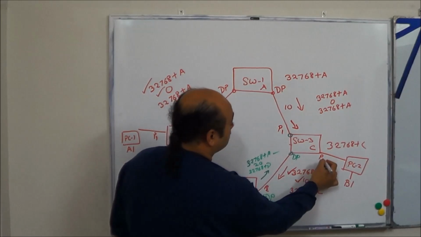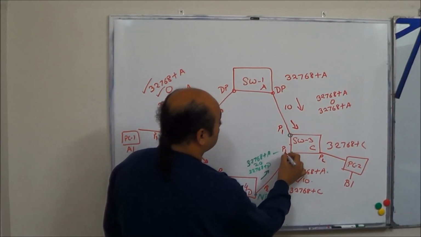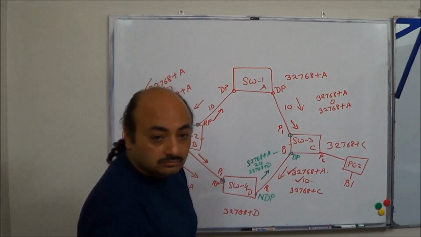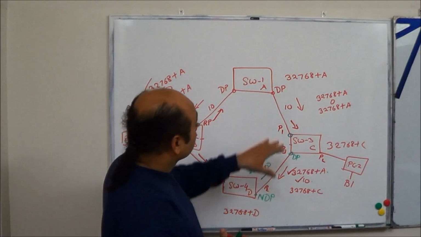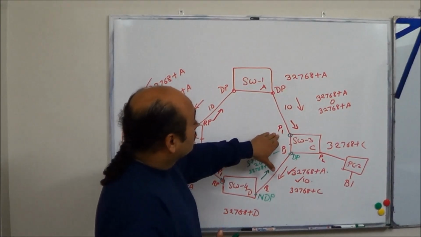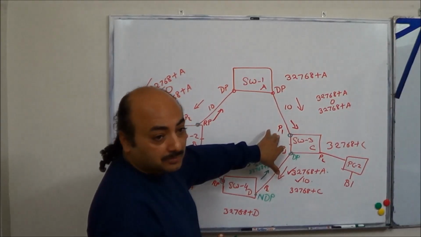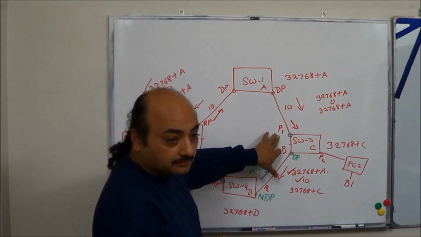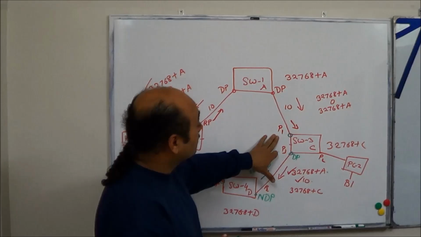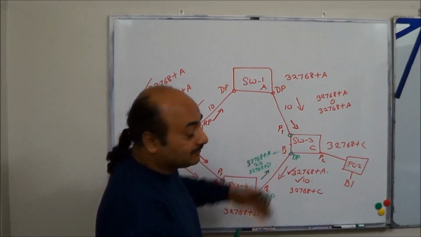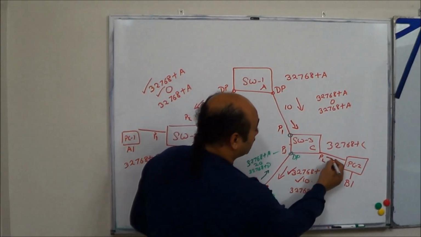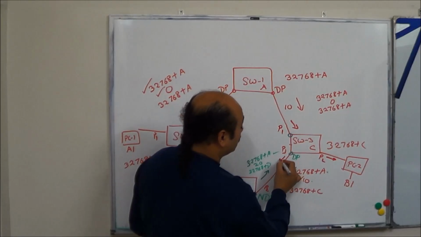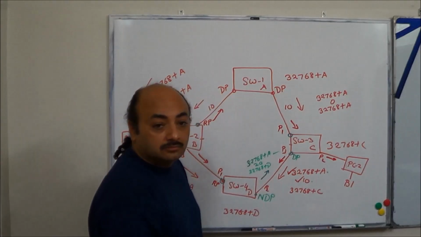Say this is P2 and this is port P3. So we learned source MAC address A1 on P1. Destination MAC address B1 is not in the MAC table, so it floods out of port P2 and port P3.